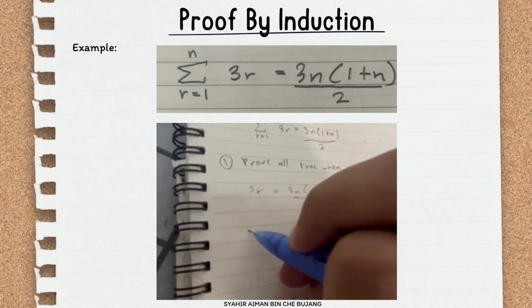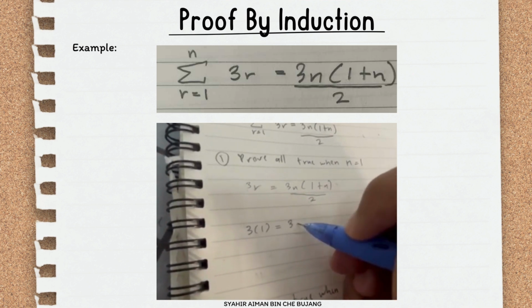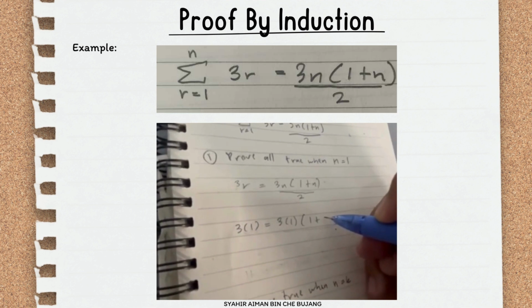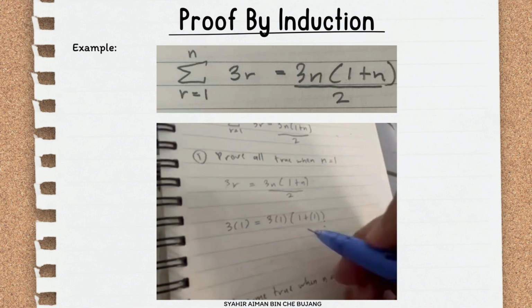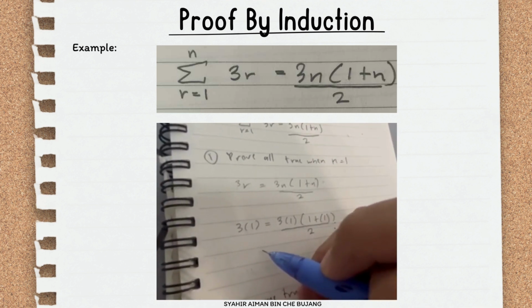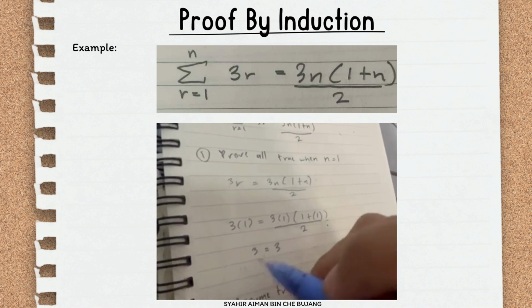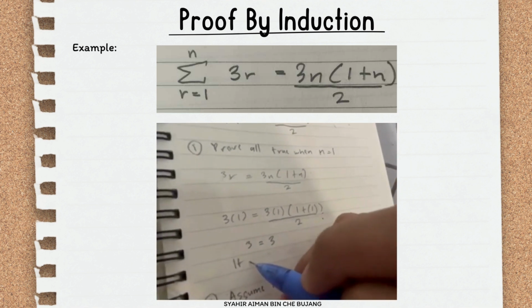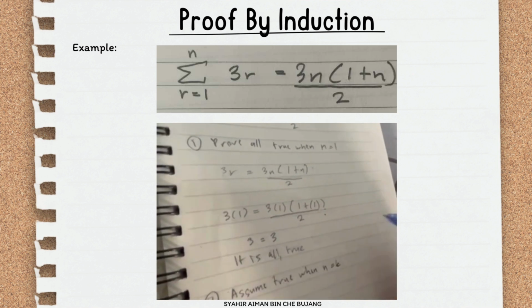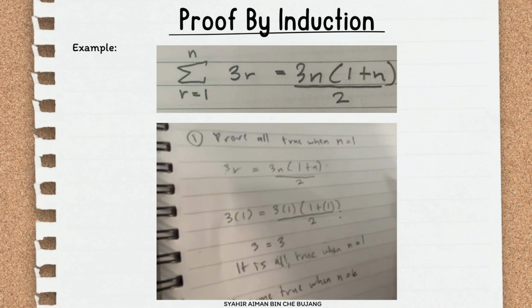So it becomes 3 times 1 equals 3 times (1 plus 1) over 2. After the calculation we get 3 equals 3. So it is true when n equals 1.